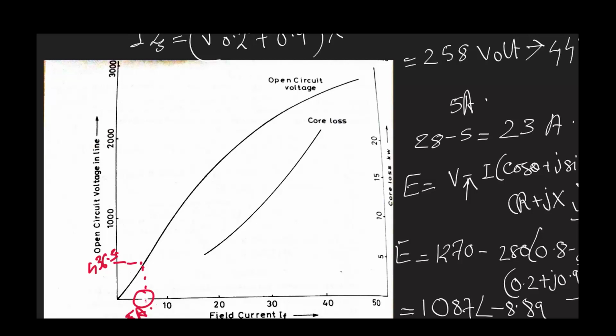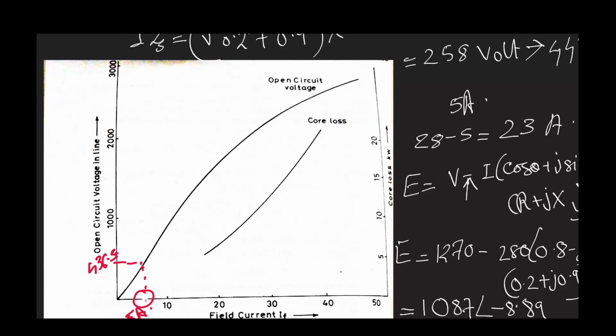So that 2200 corresponding value of E should be how much? It should be 1270. But what we are getting, the amount of field current that is being circulated through our machine is not so strong to produce an induced voltage of 1270 per phase.